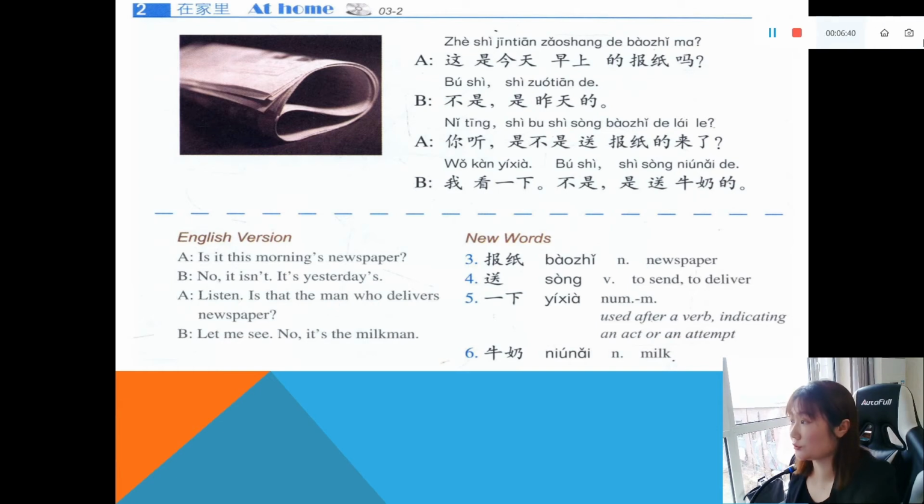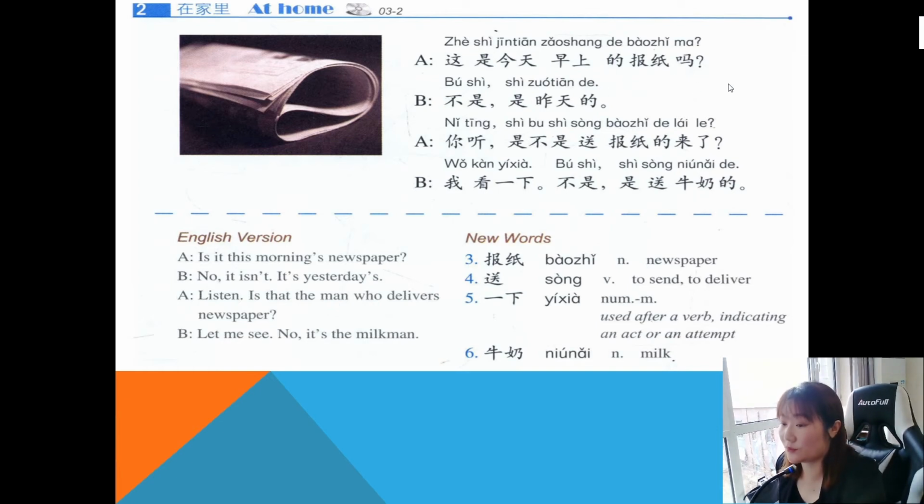And text 2: 这是今天早上的报纸吗？Is this morning's newspaper? 不是，是昨天的。No, it's yesterday's. 你听，是不是送报纸的来了？Listen, is that the man who delivers newspapers? 我看一下，不是，是送牛奶的。Let me see, no, it's the milkman.